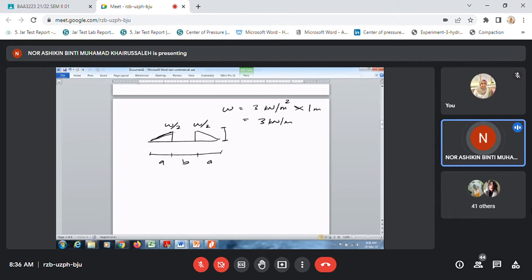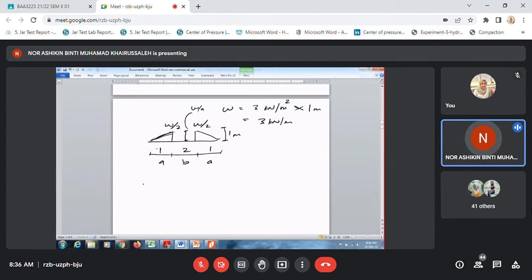W per 2. This one is W per A. So your A is going to be 1, 1, 2, isn't it? Yes, Captain. Okay, because this is 1 meter.